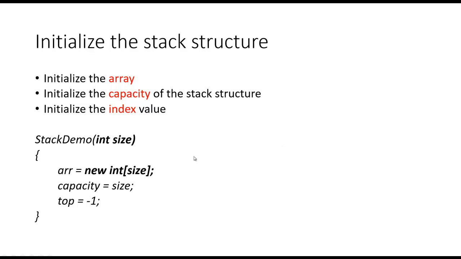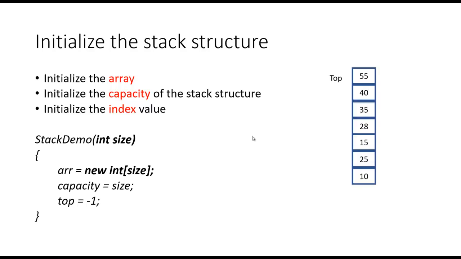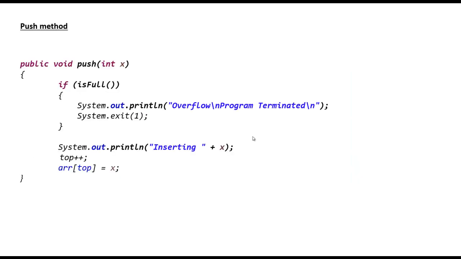Now after initializing, see in this stack demo, I have to pass the size, which is the capacity, and then I'm just initializing the array and the index value. The index value is nothing but the top, which I have initialized as -1. Now the next method we have to create is the push method.